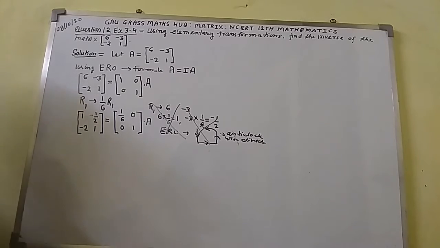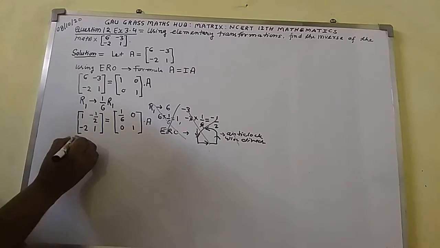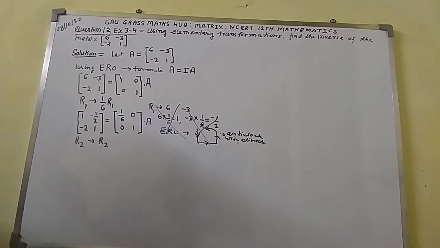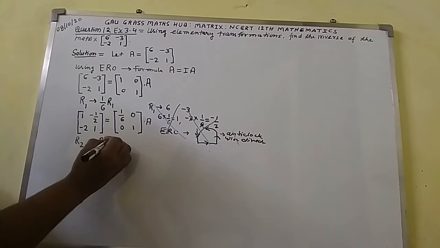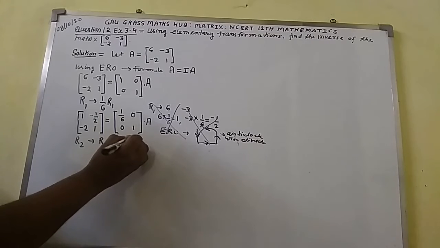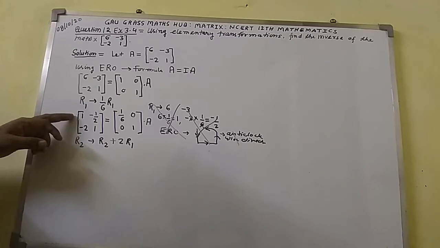So here I am going to apply row property. This is R2. The R2 goes to R2 plus 2R1. This is R1. In the R1 I shall multiply 2.